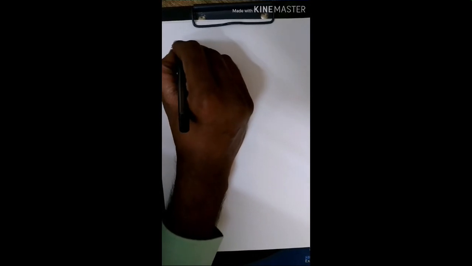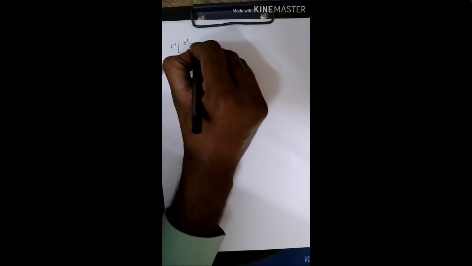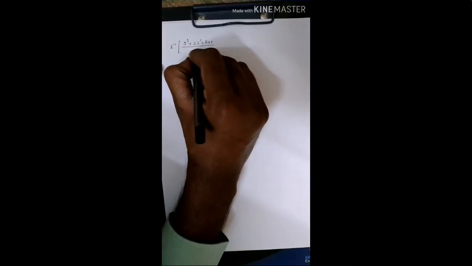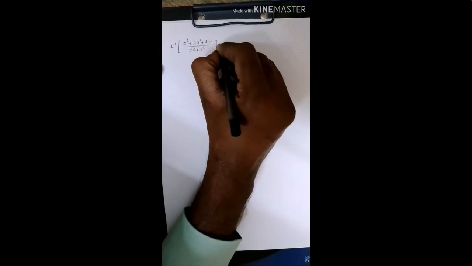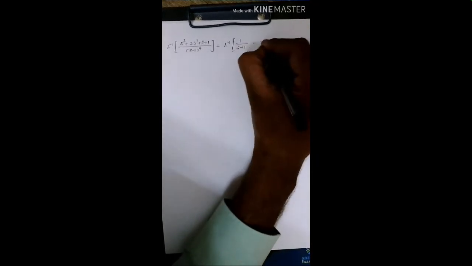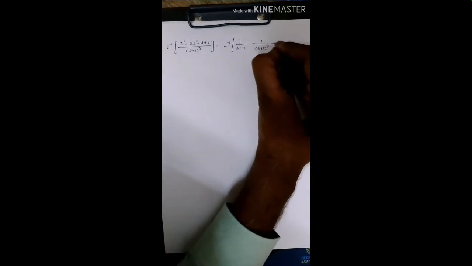Now take Laplace inverse on both sides. We get L inverse of s cube plus 2s square plus s plus 1 whole thing divided by s plus 1 whole power 4 equals, on the right hand side, L inverse of 1 by s plus 1 minus 1 by s plus 1 whole square plus 1 by s plus 1 whole power 4.